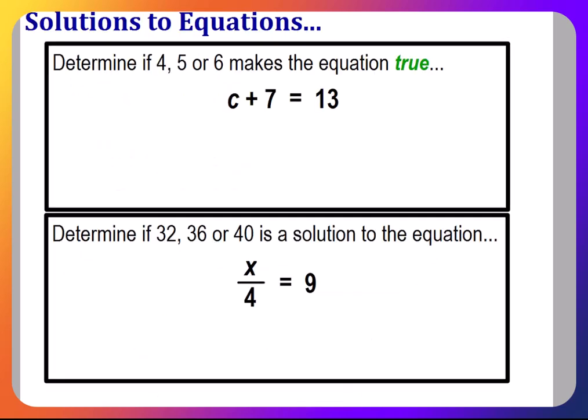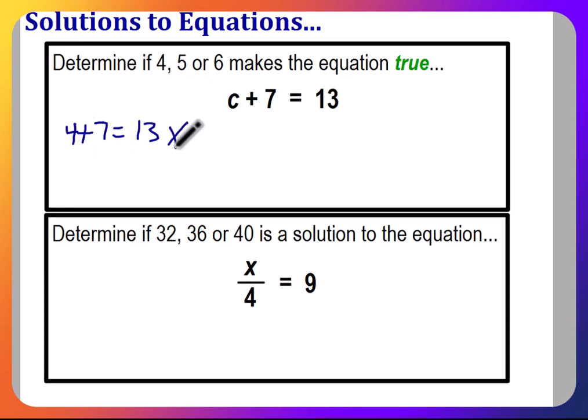Okay, solutions to equations. Sometimes we're going to be given certain solutions and we're going to be asked which one makes this equation true. Determine if 4, 5, or 6 makes the equation true. So to do that, you're just substituting these values into the equation for c. Show your work. I'm going to substitute 4 for c. 4 plus 7 should equal 13. Does it?